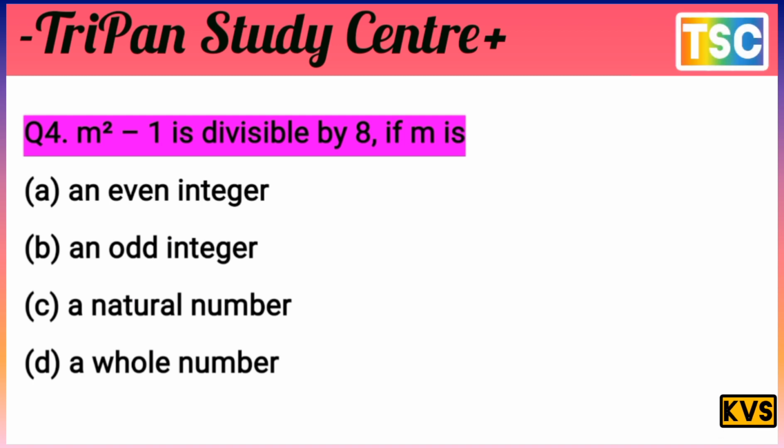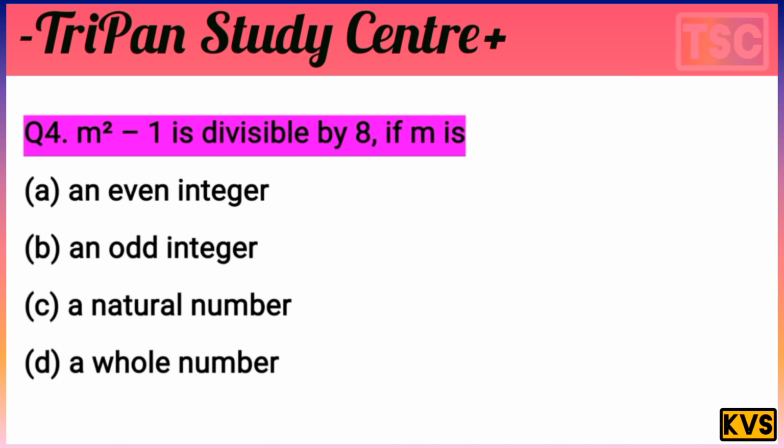The question is clear. m square minus 1 is divisible by 8. If m is an even integer, that is not applicable. A is nothing here. D, a whole number, is not applicable. And C, you may have thought a natural number, but that's wrong.